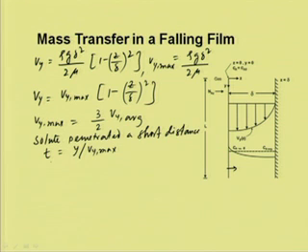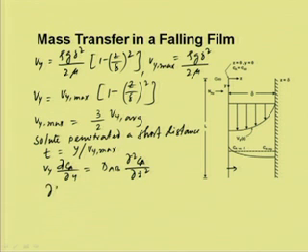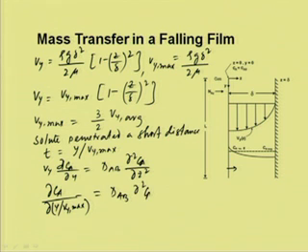So, the continuity equation we have derived, V y del C A del y will be D A B del 2 C A del z 2. We can write del C A del y by V y max, as it will be nearly maximum velocity, equal to D A B del 2 C A del z 2.